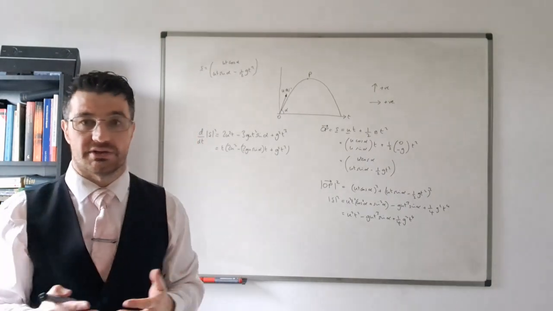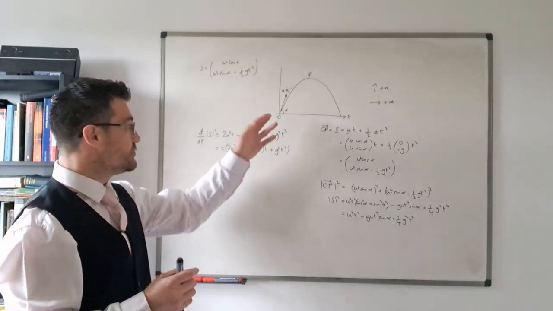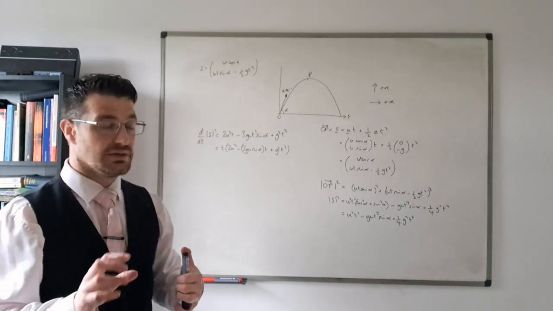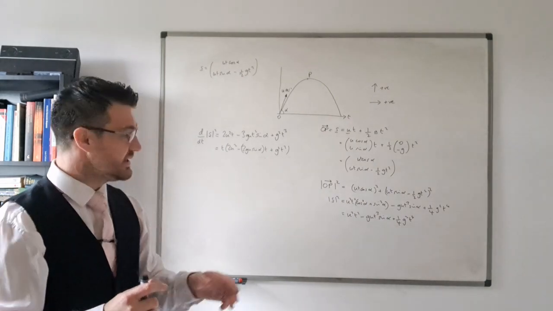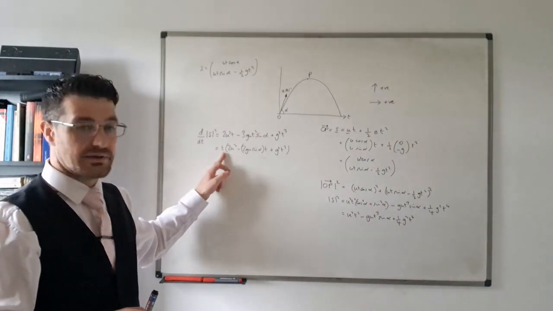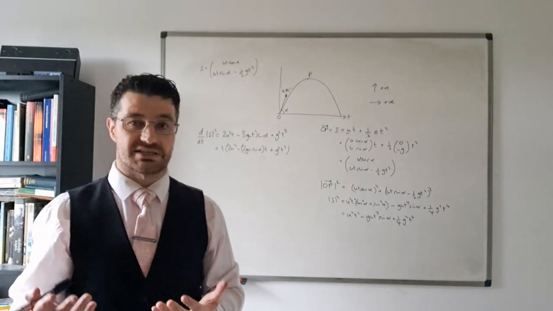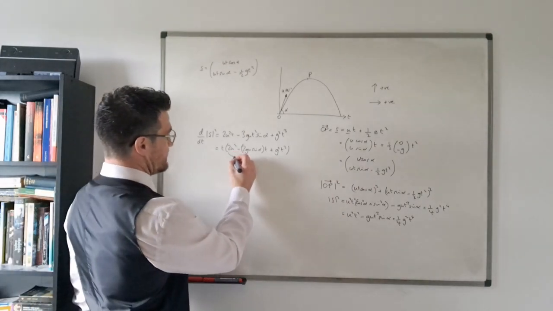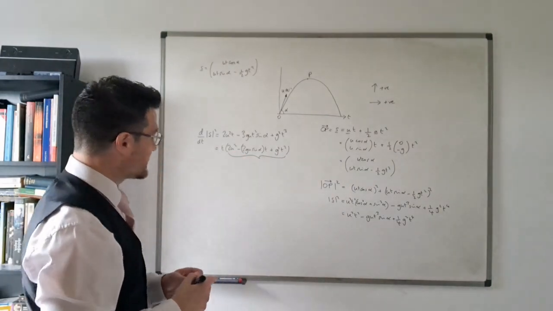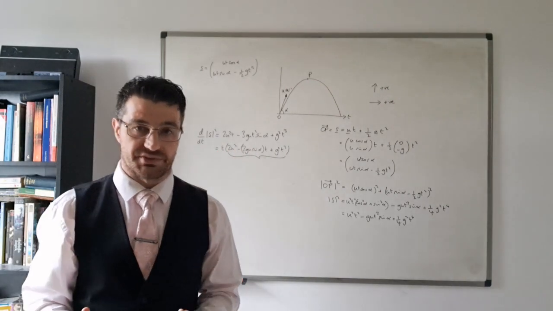It has to. Unless u was equal to 0 and the particle doesn't actually move away from the origin, then t equals 0 is irrelevant. So for all intents and purposes, t is going to be positive. So that leaves us with this then. What I'm interested in is, under what conditions is this always going to be positive?